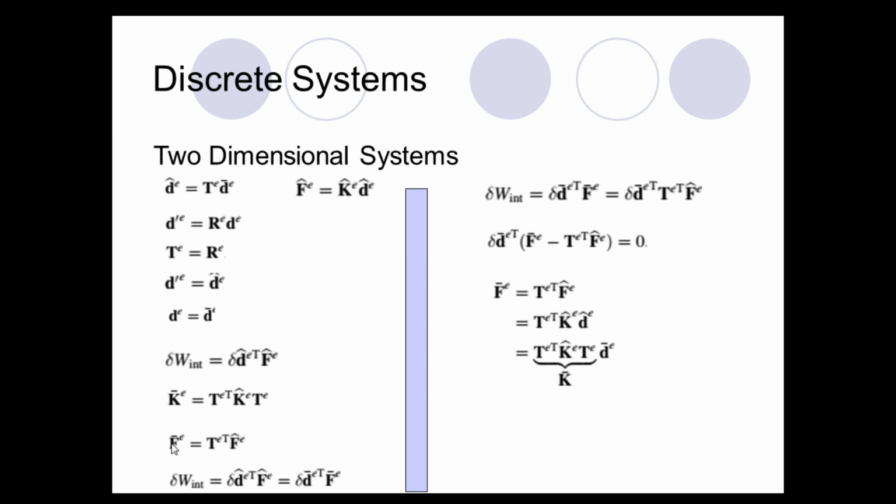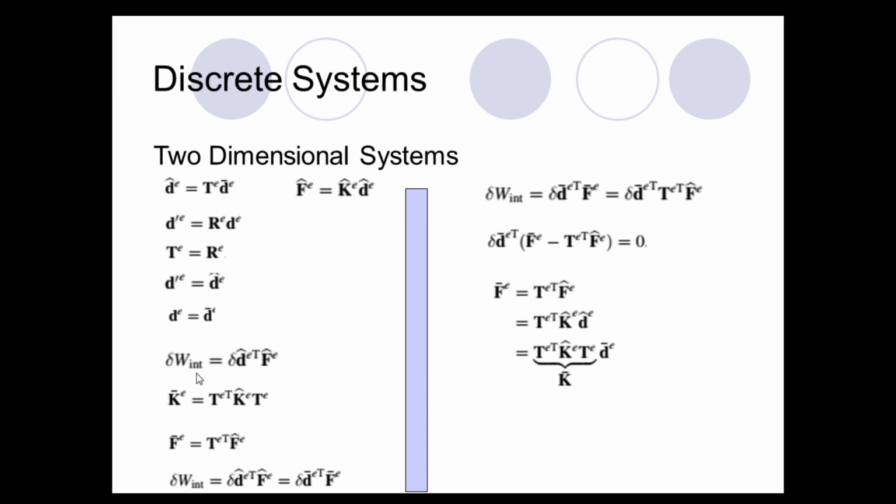Identically, I can write the force F bar as Te transpose multiplied by fe hat. Now this tells me something. When the matrix T is orthogonal, its transpose is equal to its inverse, right? And also we know something, be careful.